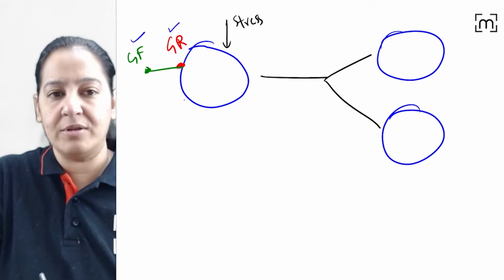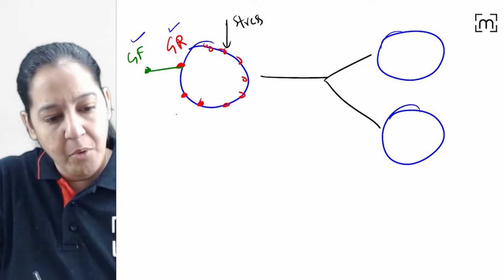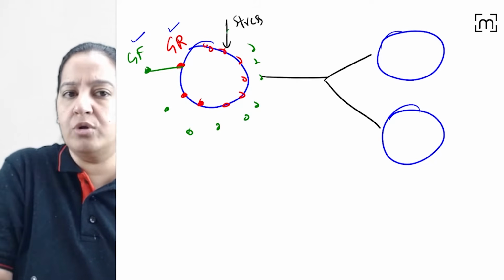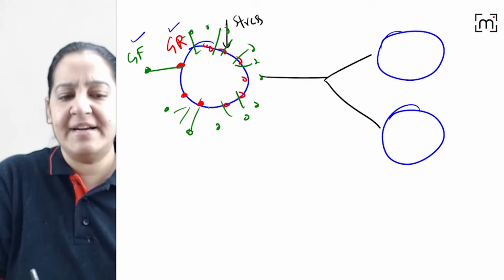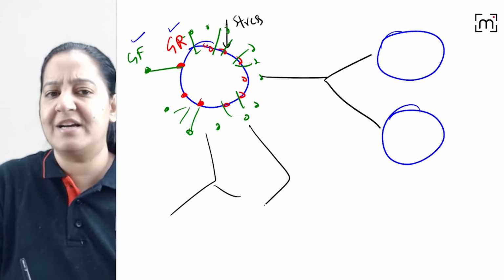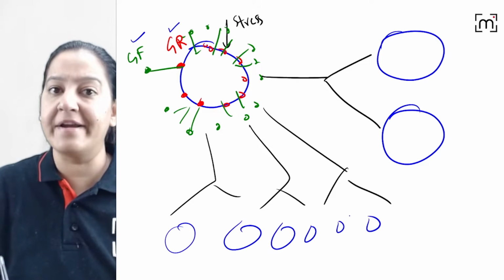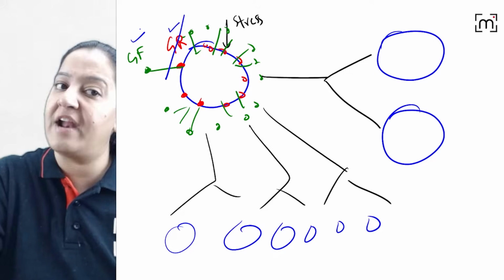So what will happen on the surface of the cell? More growth receptor and more growth factor will come. All the growth factor will bind with the growth receptor and the cell will divide continuously and multiple cells are formed. You got my point? So the mechanism is increase in growth receptor and growth factor.